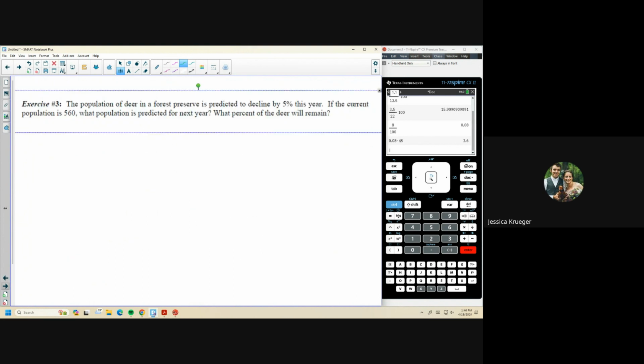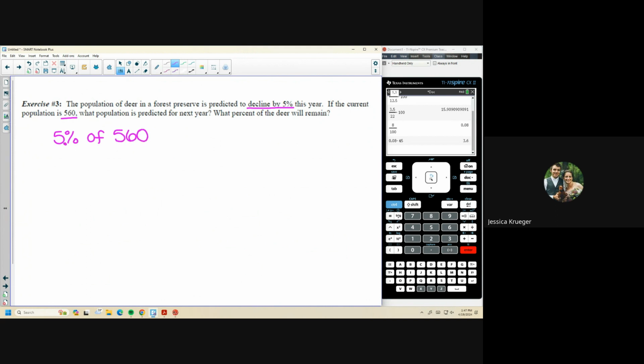Let's look at another one. We're going to move a little faster on this one. It says the population of deer is predicted to decline by 5% this year. If the current population is 560, what is the population predicted for next year? So we need to find out, first of all, what 5% of 560 is.